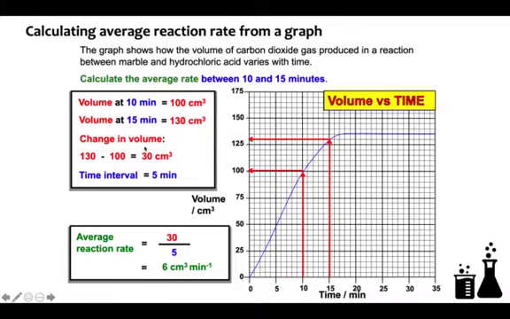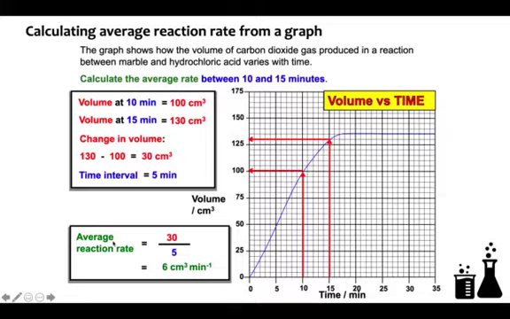So for the change in the volume, first of all we look at what the volume was at 10 minutes. It was 100 centimetres cubed. And then we look at what the volume was at 15 minutes. It was 130 centimetres cubed.